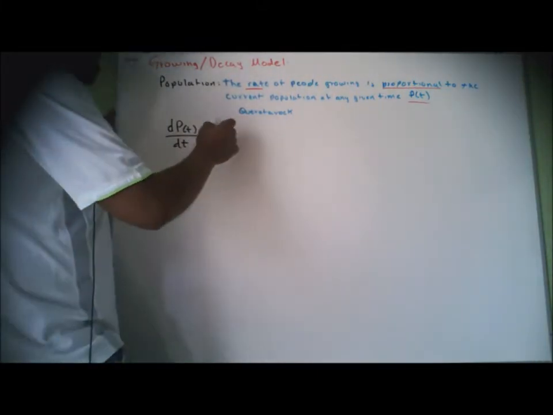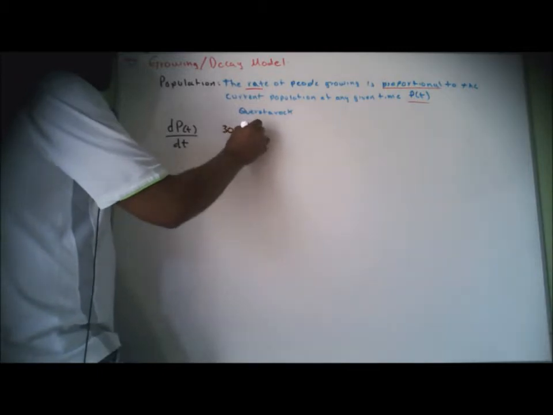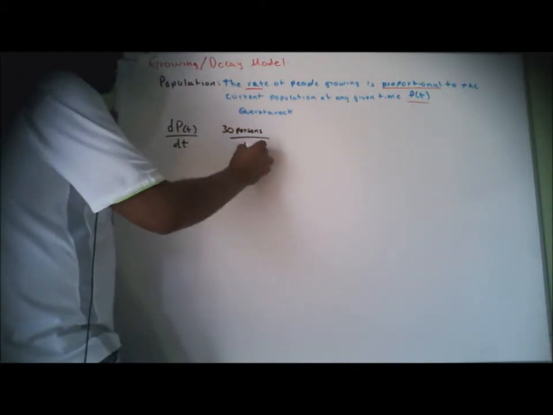This means something like 30 persons per day, for example.